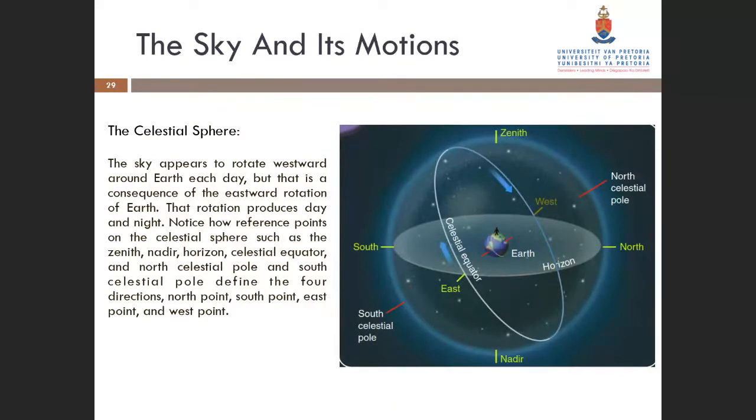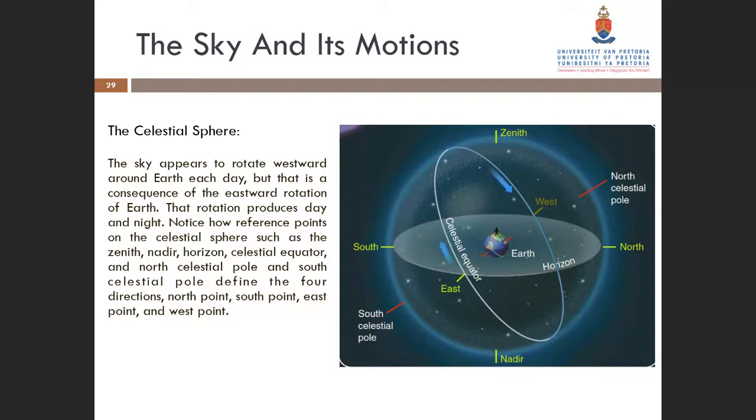The sky appears to rotate westward around Earth each day, but that is a consequence of the eastward rotation of the Earth. That rotation produces day and night.